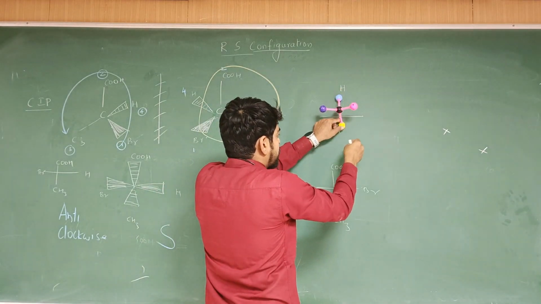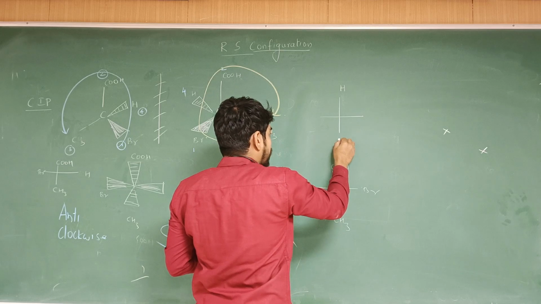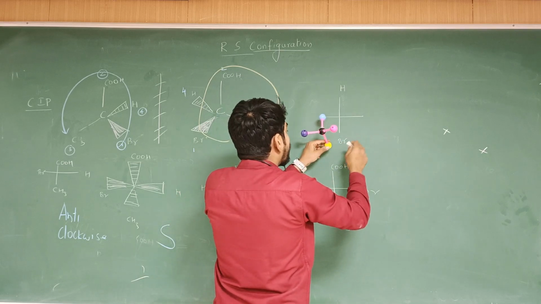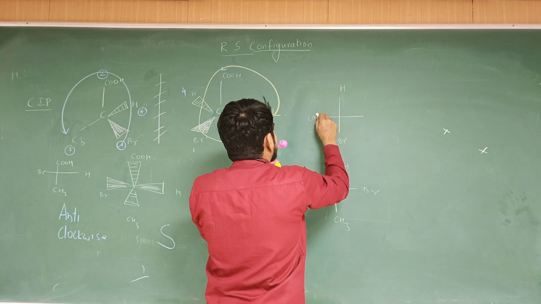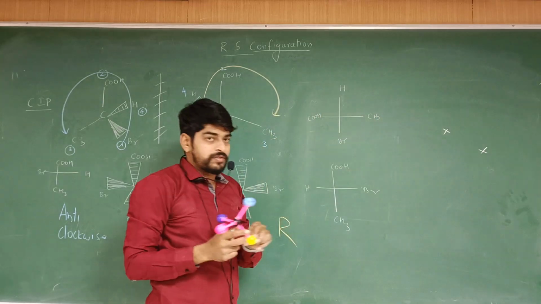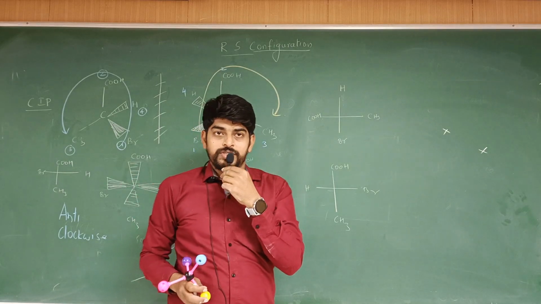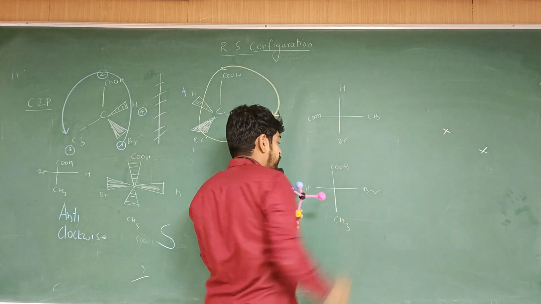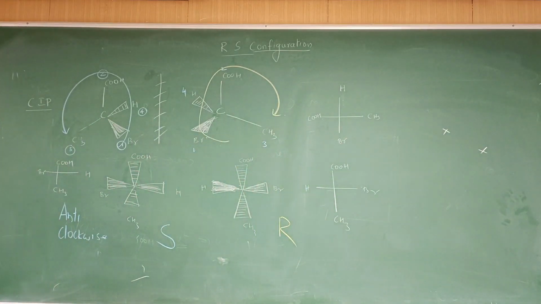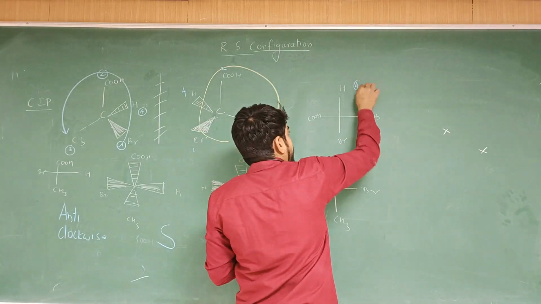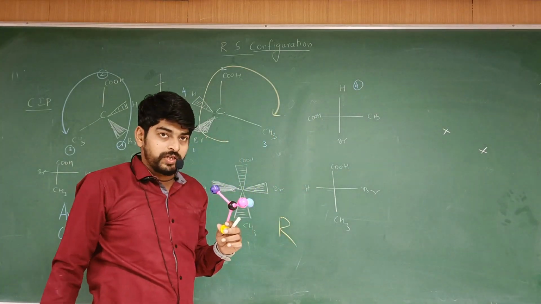Groups on the horizontal line are outward. Suppose I am taking bromine, this is some other molecule now. Now I am taking the COOH group and I am taking CH3. Always for assigning RS configuration, the least priority group, which is labeled as 4, should be on the vertical line.